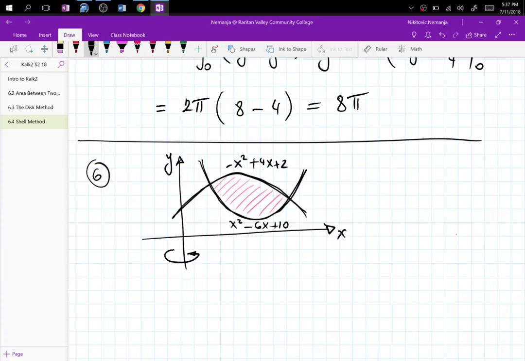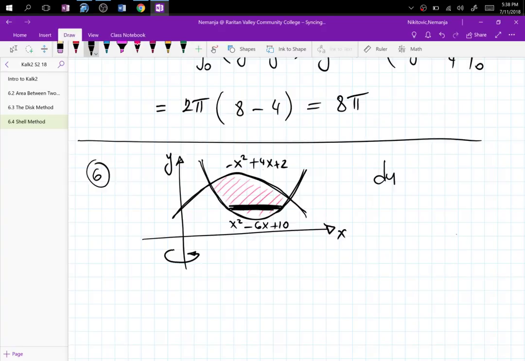Now, you first do the analysis on can I use any of the methods? And if I can use both, is one easier than the other? Well, you can immediately see that you cannot use dy because the dy kind of folds on itself. The one part and the other part are both hitting the same function. So dy is out.